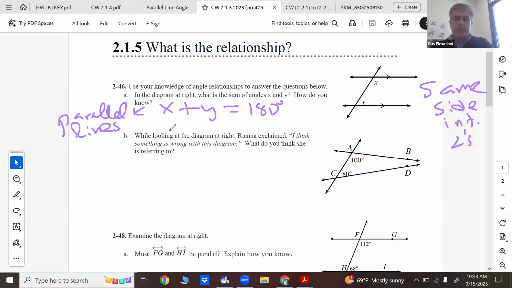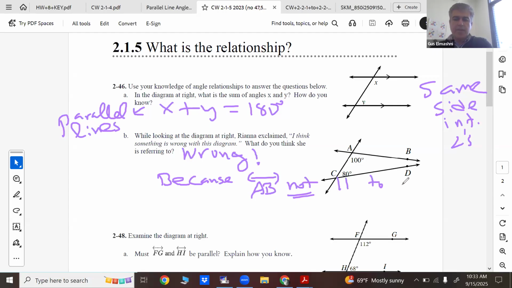But then let's look at this one here. Part B, the person says, well, if you have same side interior, it's always true. So she's wrong, because line AB is not parallel to line CD.